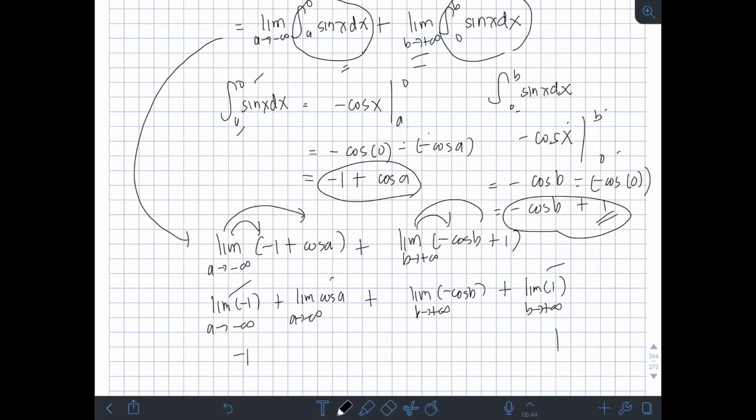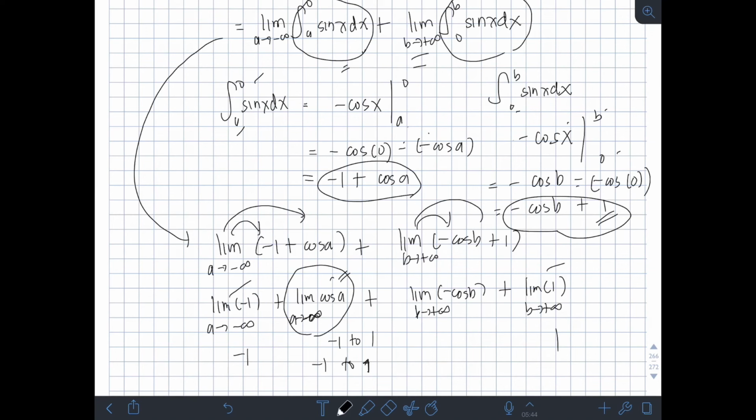Then, itong limit ng cosine a as a approaches negative infinity. So, mapapansin nyo, kapag in-approach nitong a yung value to negative infinity, alam natin na sa cosine, meron lang tayong value na nagre-range sa negative 1 to 1, right? So, repeatedly yon kasi meron siyang period na 2 pi radian. So, ibig sabihin, wala tayong fixed value dito kasi habang binabago natin ng pababa yung value ng a, ang magiging value lang nitong cosine a is paulit-ulit na negative 1 to 1.